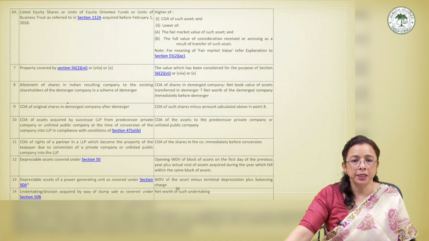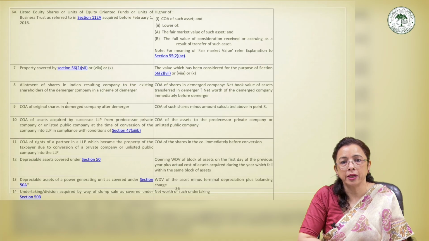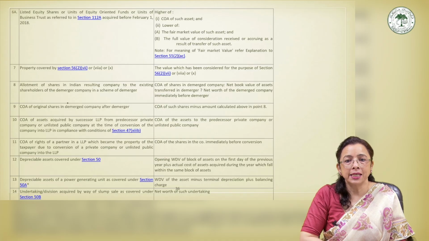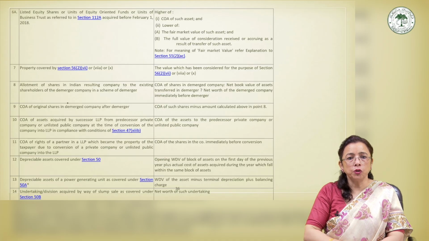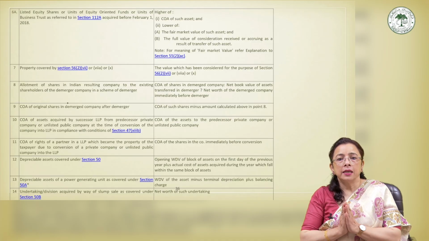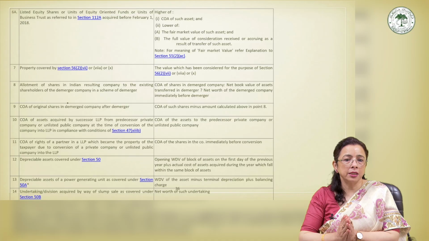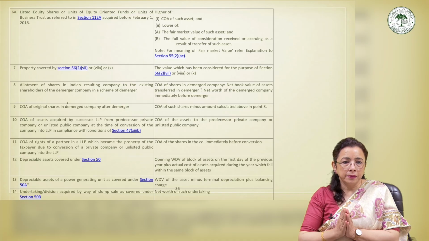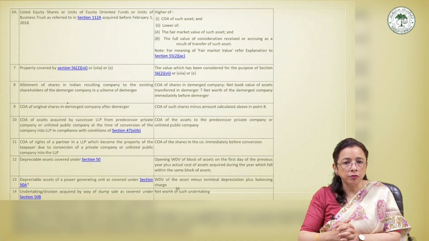Next is property covered under Section 56(2), clauses (vii), (viia) and (ix). So what are these sections talking about? These sections say that certain properties received without consideration, or for inadequate consideration, are taxed under the head income from other sources.